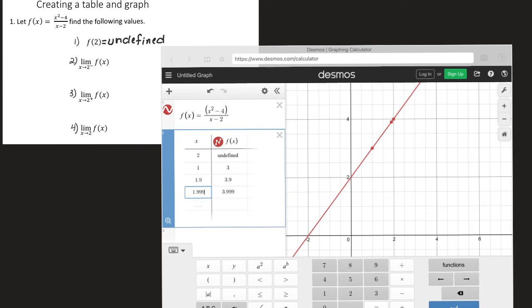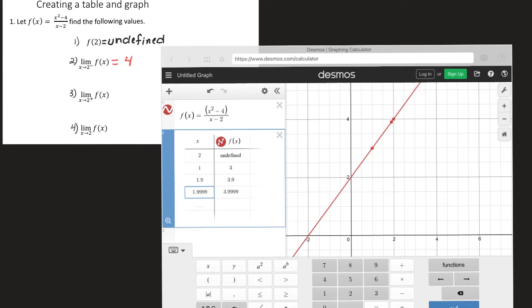And I can continue to add 9s, and as I get closer and closer to the x value 2, the y values are getting closer to the y value 4. So we can say the limit of the function f of x as x approaches 2 from the left-hand side is approaching the value 4. The limit is 4. Again, the limit is the y value based off of the x value that we're approaching.